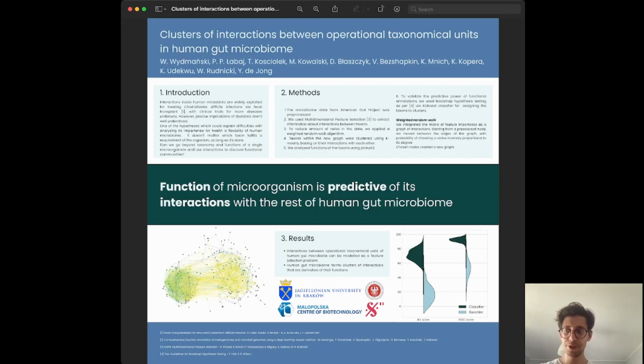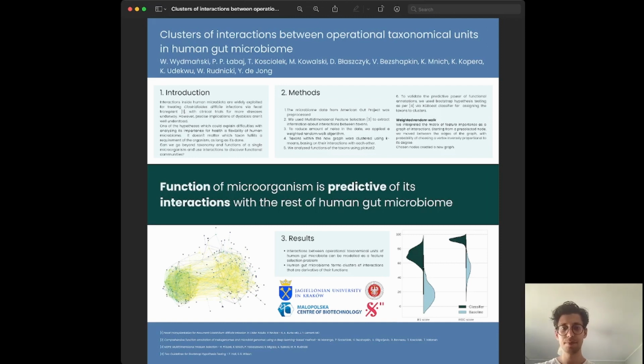Even though we don't necessarily know what exactly is the consequence of dysbiosis, we are able to say that it is not healthy. But over 50% of the microorganisms living in the human microbiome have functions that are, well, not yet understood.